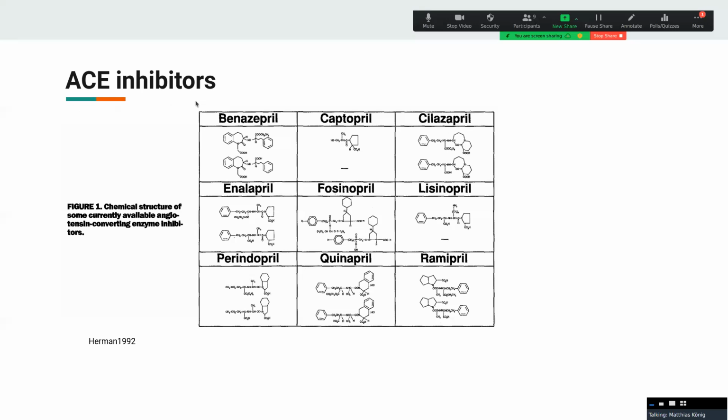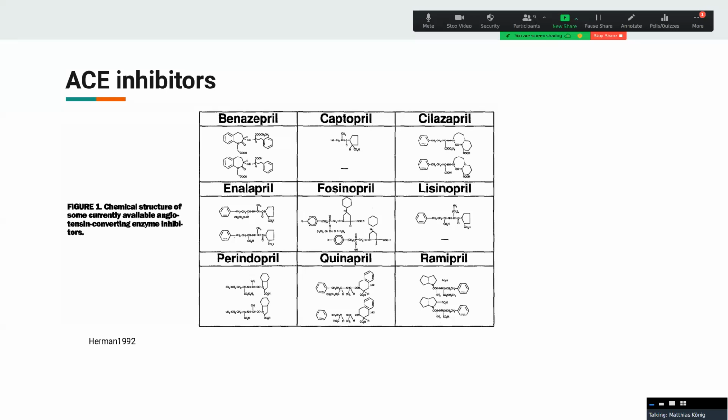The one thing is that there's really a slew of ACE inhibitors. This is often the case for medications: you found one component that works, and it binds to a receptor and shows a biological effect. Then the key is to modify this drug a bit so that you get better pharmacokinetics or better pharmacodynamics.